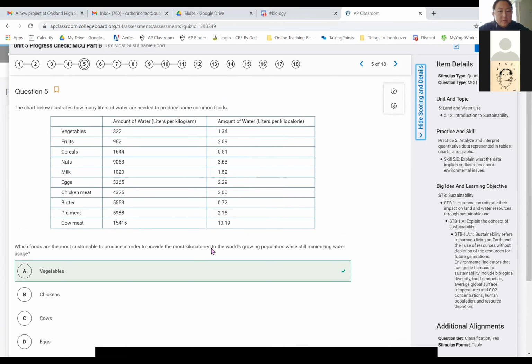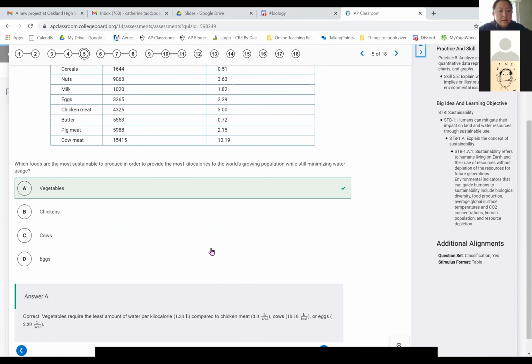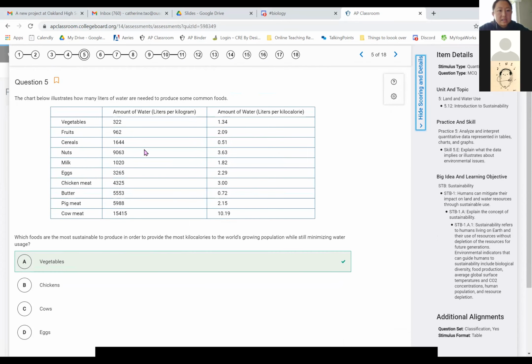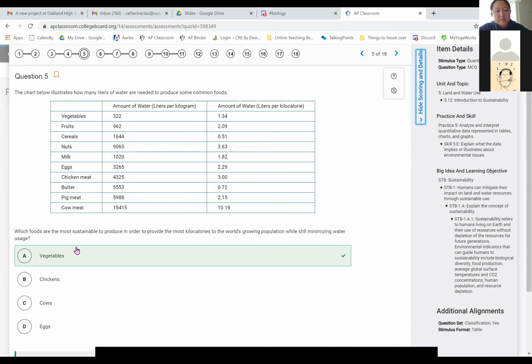It wasn't least overall on the list, but out of these 4 options, which one uses the least amount of water?